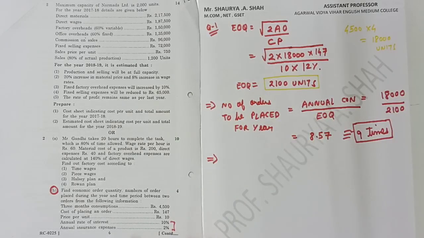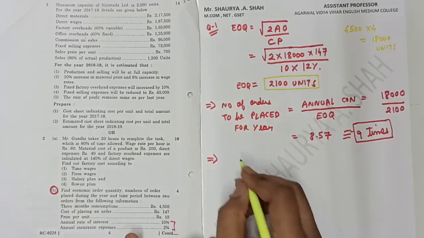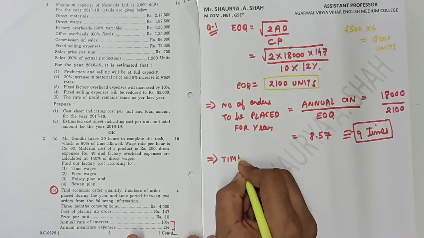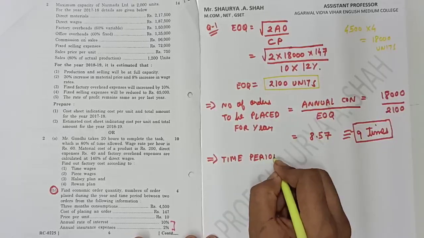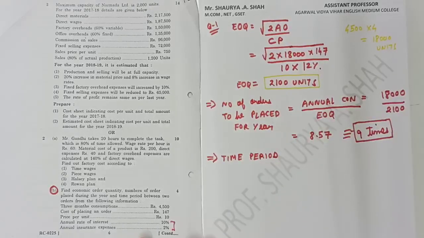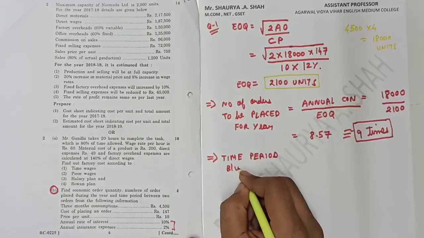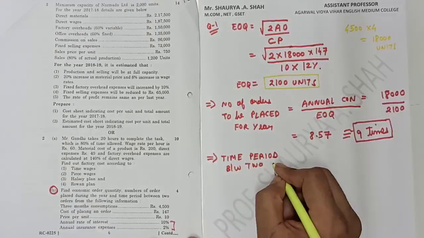The third answer is, what is the duration or time period between two orders, right? So I will write it down once again. Remember, in this costing subject, writing the formula also carries marks. So if you miss writing down the formulas, your marks will be reduced. Time period between two orders.